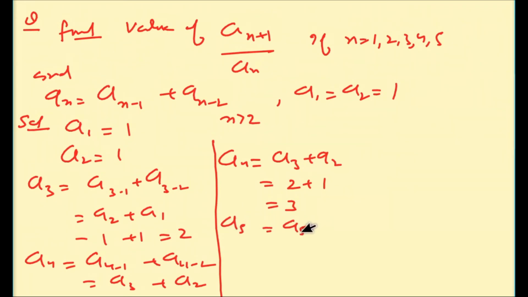Now find a5. We can find a(5-1) plus a(5-2), so a4 plus a3.